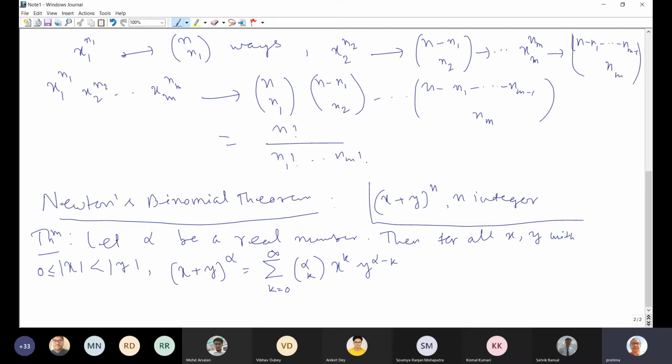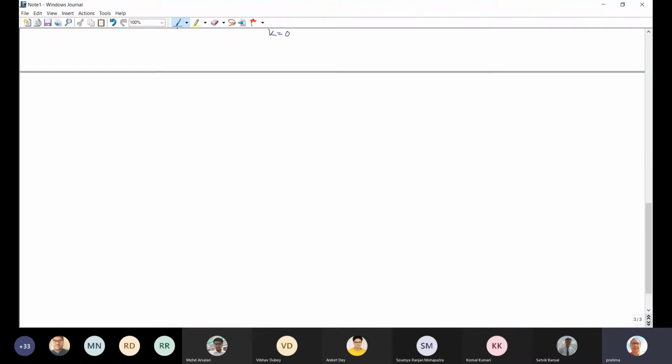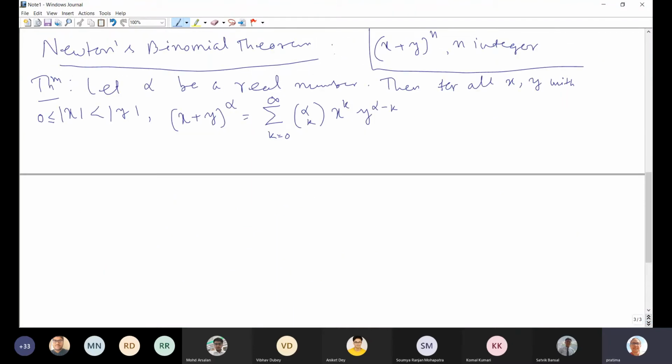K is an integer, and this is alpha choose k. What is the meaning of alpha choose k? Because alpha is a real number, any real number. So therefore we have to tell what is this alpha choose k.